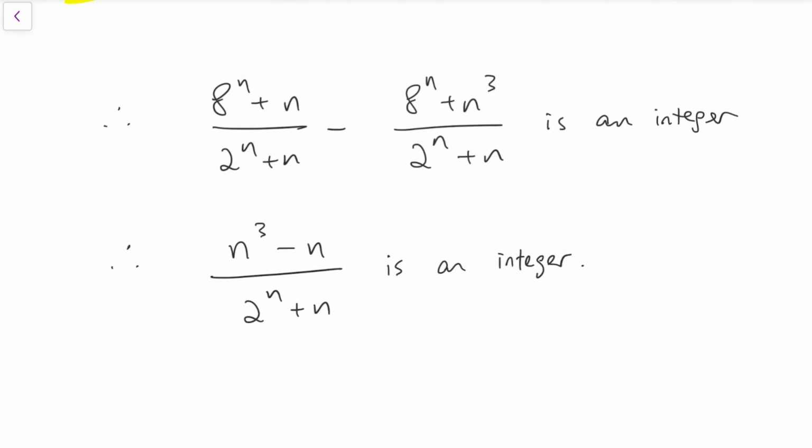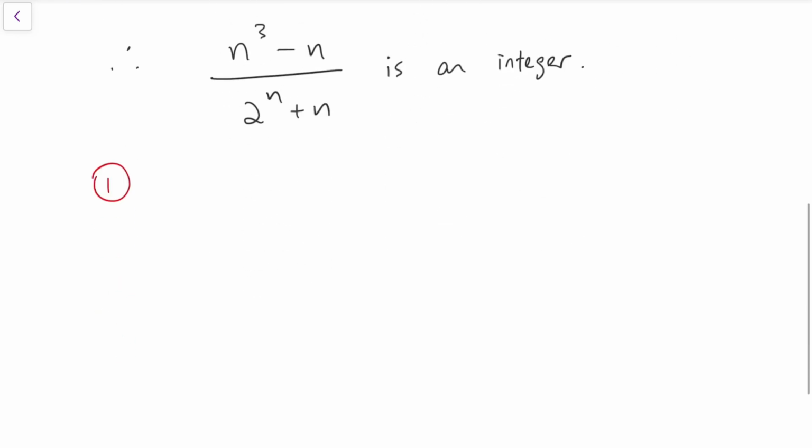From this, we must have one of the following. Either the numerator is at least equal to the denominator. We notice that both the top and the bottom must be non-negative, because n is given to be a positive integer.